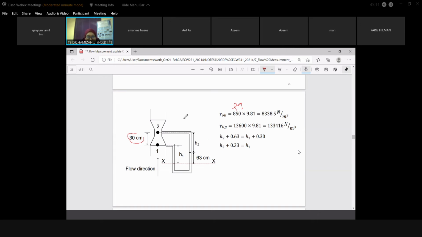Sebab formula for pressure is rho GH ataupun specific weight H. So for left limb, H dia adalah H1 sahaja. Okay, for right limb, we have H2 plus 0.63.